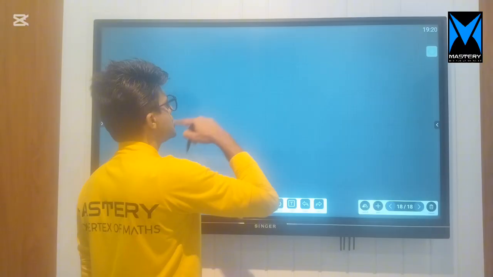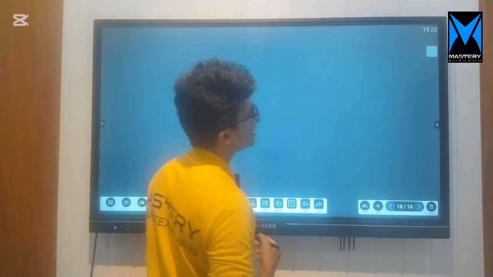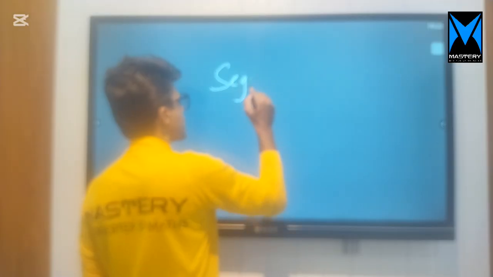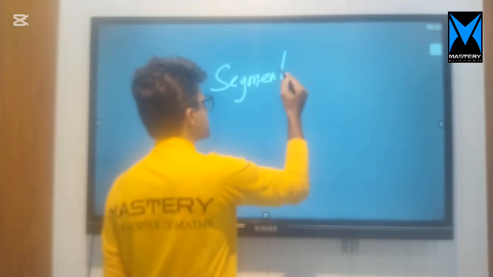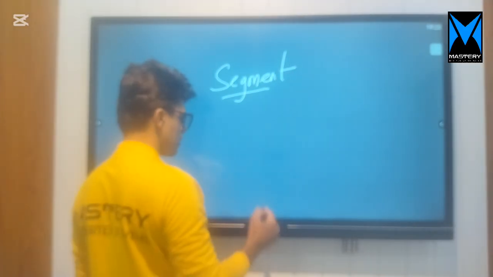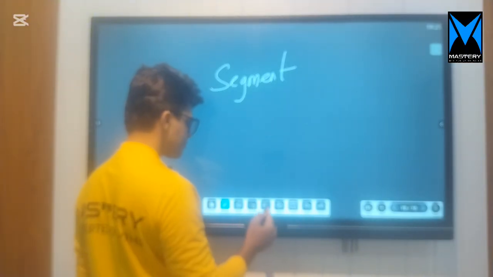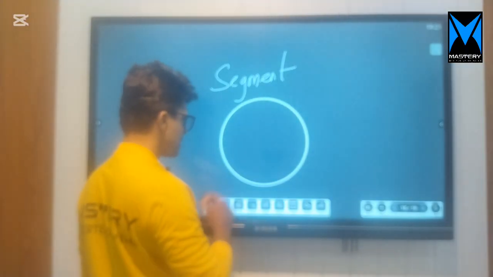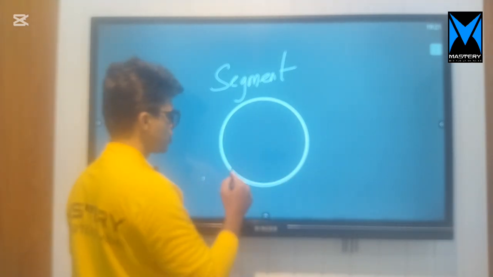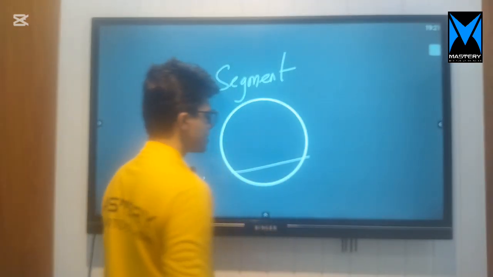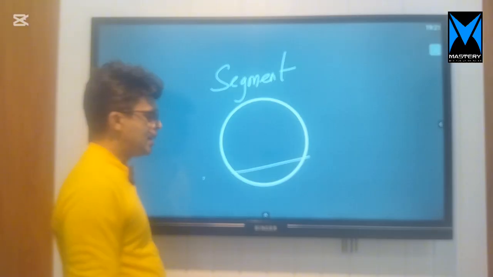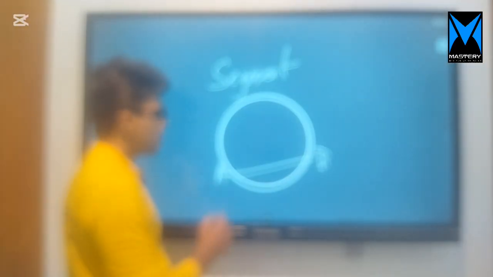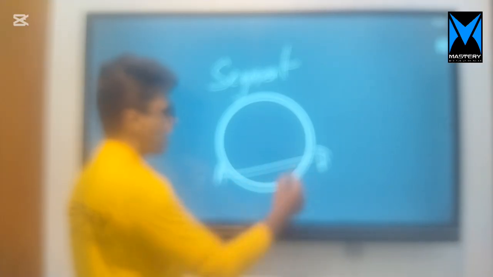Then the other concept that you need to know here is the segment. What's a segment? A segment is a certain region which is bounded by a chord and an arc.